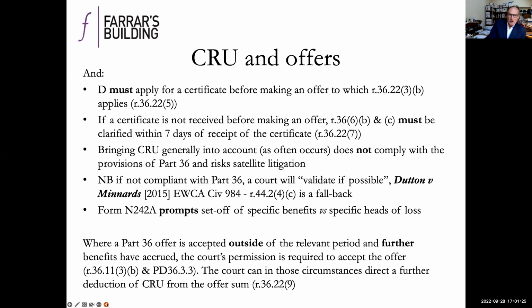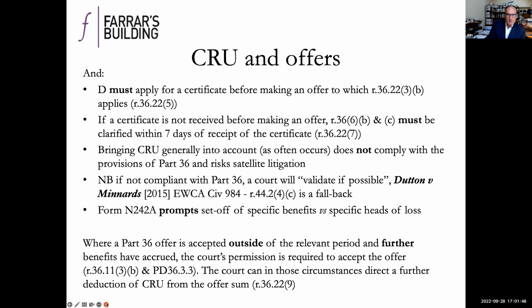Now, of course, there are a number of different authorities in relation to compliance of Part 36 and the effects of it. Dutton and Minard's has been quite useful for some parties in this respect. The validated possible position. There's been subsequent jurisprudence on the point from 2000 and Popplewell J, suggesting that perhaps one shouldn't be as generous as that.